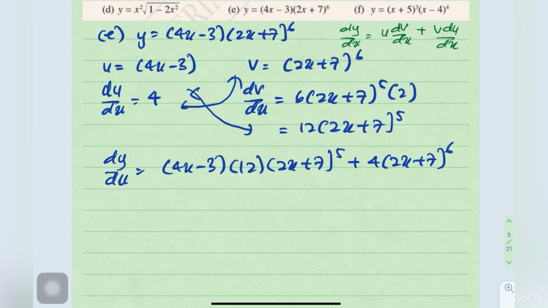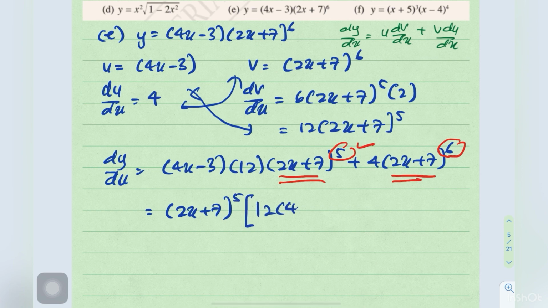Okay, so same thing like previously, you can factorize this one. We choose the smaller power, so here we have (2x plus 7) to the power of 5. In the bracket we have 12(4x minus 3) plus 4(2x plus 7) to the power of 1.